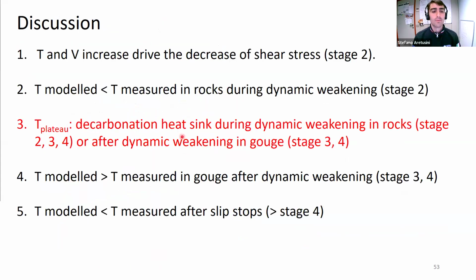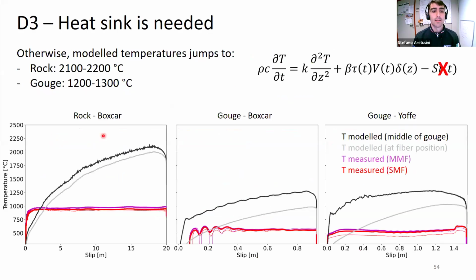Then if we move further and we analyze the occurrence of the temperature plateau, we've seen that the temperature plateau is actually a direct reflection of the fact that we have a heat sink going on during shearing.